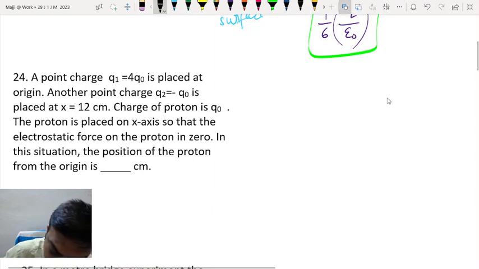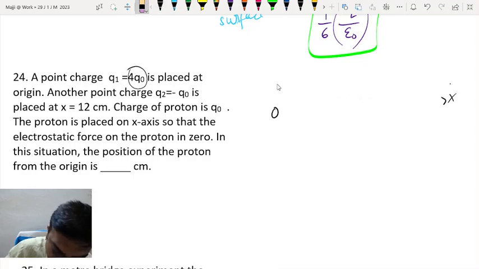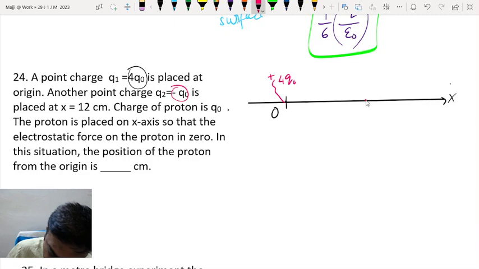This is again a very simple question. So suppose this is the x-axis and this is the origin. This 4Q naught has been placed at the origin. So here you have 4Q naught, of course a positive charge, and another minus Q naught charge is placed at a distance of 12 cm.